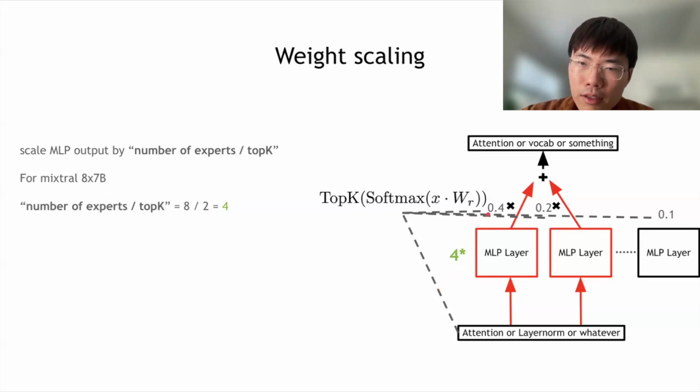And so each expert has probability 1/8. If you select 2 experts in this case, the summed probability is 1/4. So we simply multiply the MLP layer by 4. This will maintain the key feature that the output is the same as the original model. This is very important for models of more than 1 billion parameters.